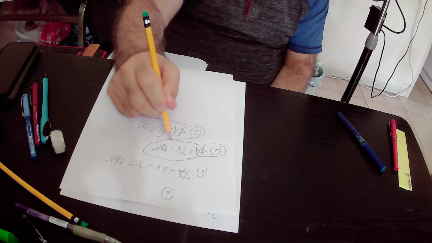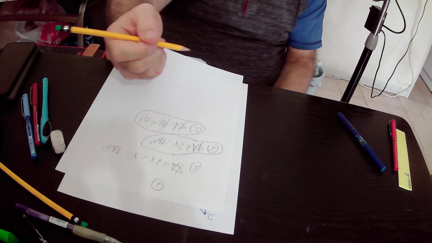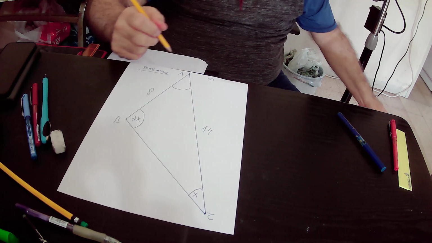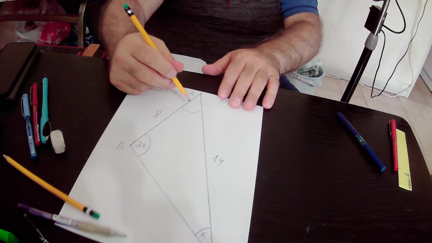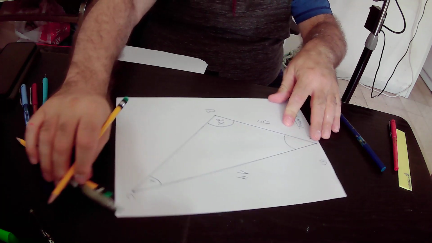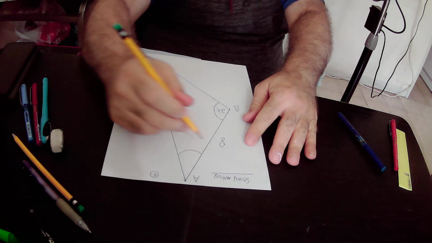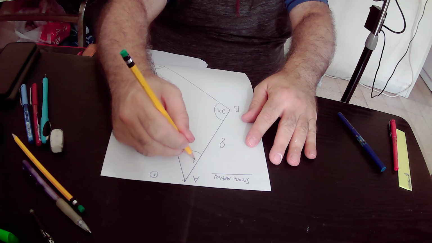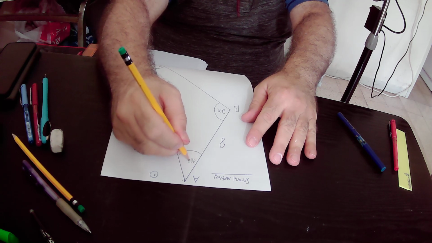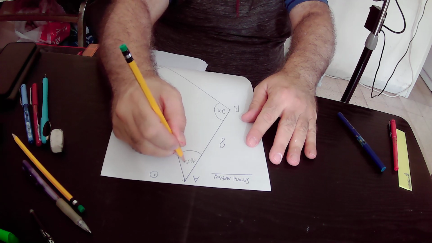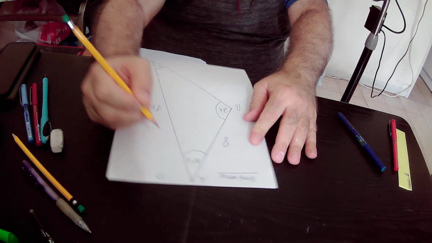Okay, so the value of angle A, this angle, equals 180 degrees minus 3x.